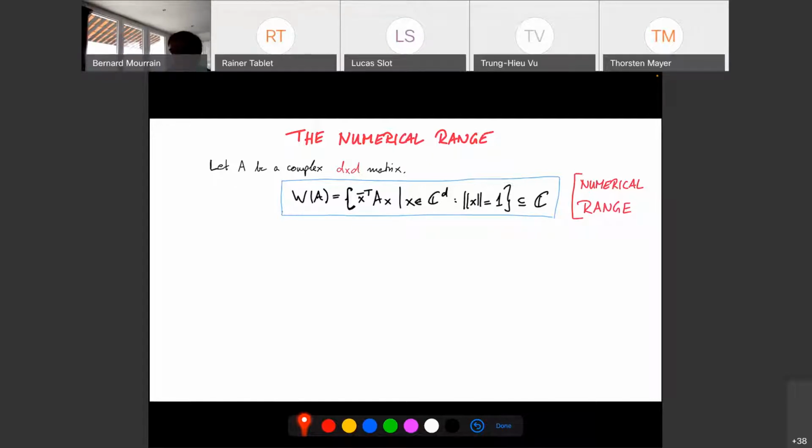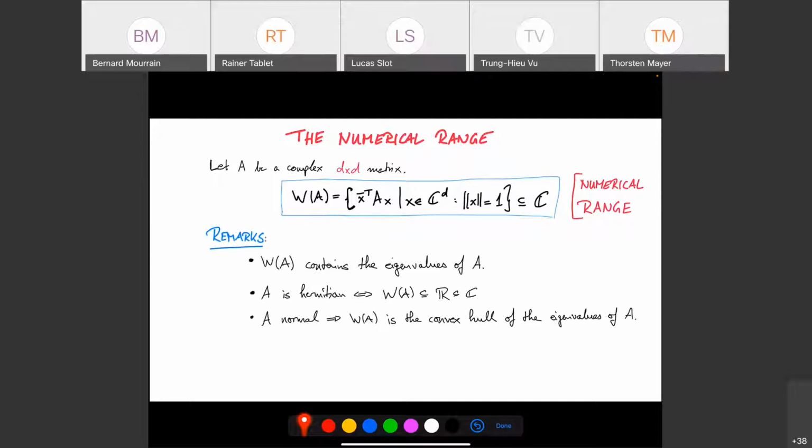So you take all unit vectors in C to the D, and then you do x bar transpose, so you transpose, you have a row vector and you complex conjugate every entry, times A times X. So this produces a complex number, and you collect all of these complex numbers as X ranges over all unit vectors in C to the D. Okay, so you get a subset of the complex plane that we will be mostly interested in. We will later generalize this also.